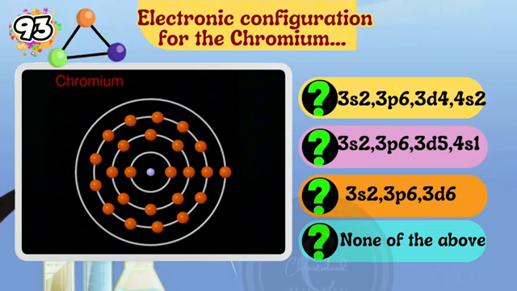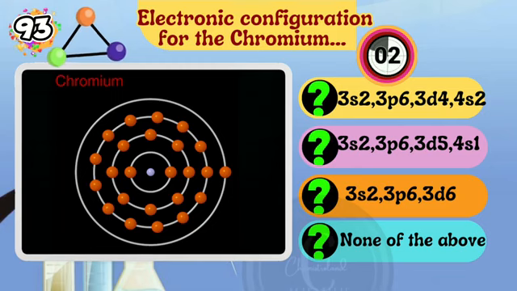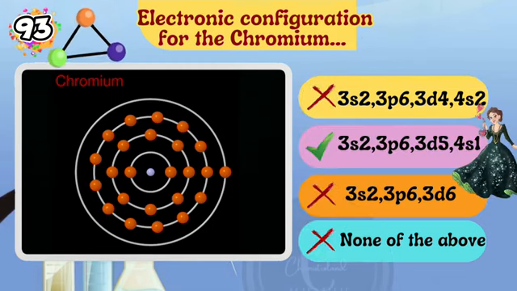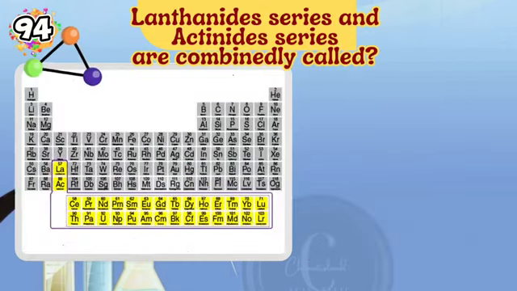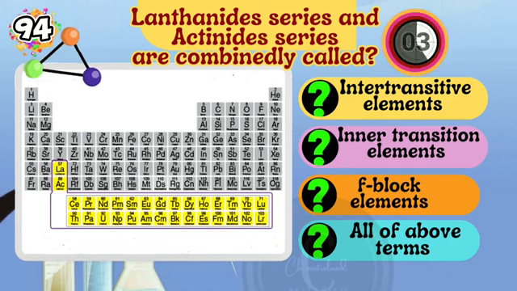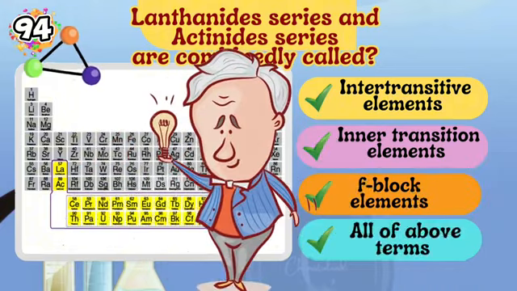Choose the right electronic configuration for the chromium. Option 2 is the right answer. The lanthanide series and the actinide series are combinedly called all terms are right.